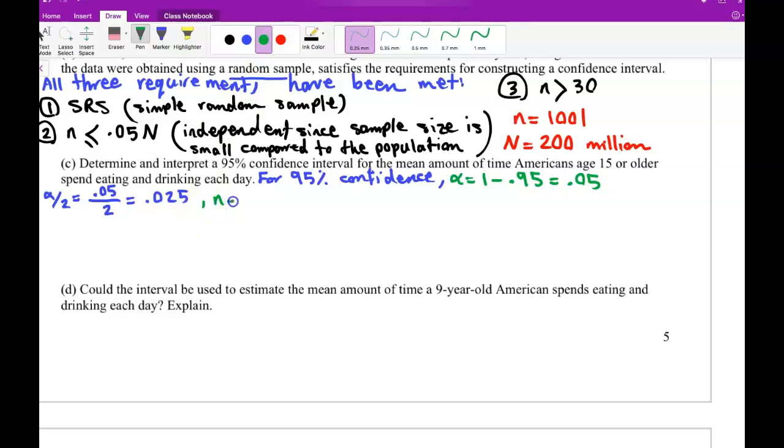Then our sample size is 1001. What that means, degree of freedom is n minus 1, so it's 1000. Now finding t, we have degree of freedom 1000, then alpha divided by 2 is 0.025.